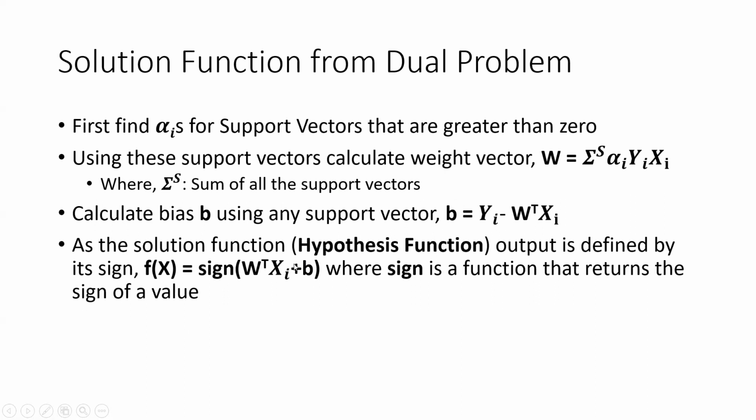If it is positive, it would be classified as the positive class. Otherwise, if the value is negative, it would belong to the negative class. This is how the hypothesis function, or the solution function, looks like.